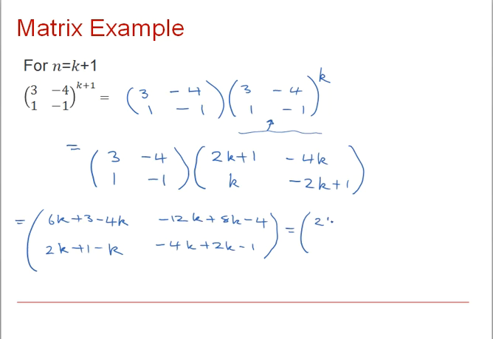That gives me (2k+3, k+1; -4k-4, -2k-1).